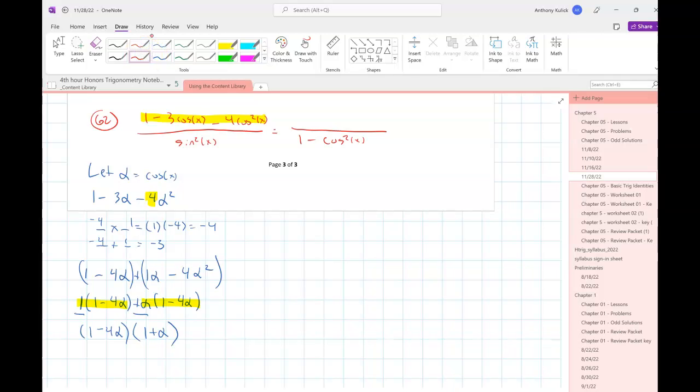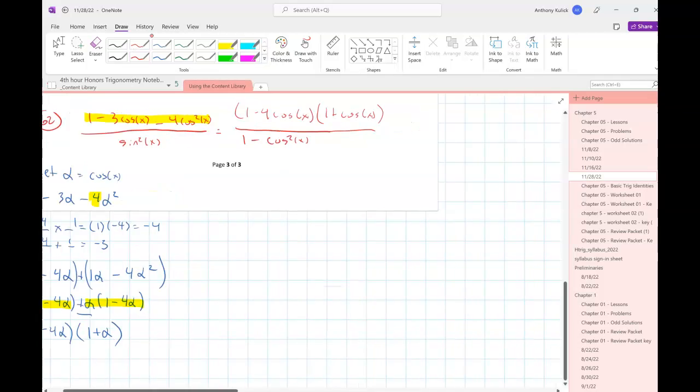So if I go back here, remembering that alpha is cosine x, I have that.